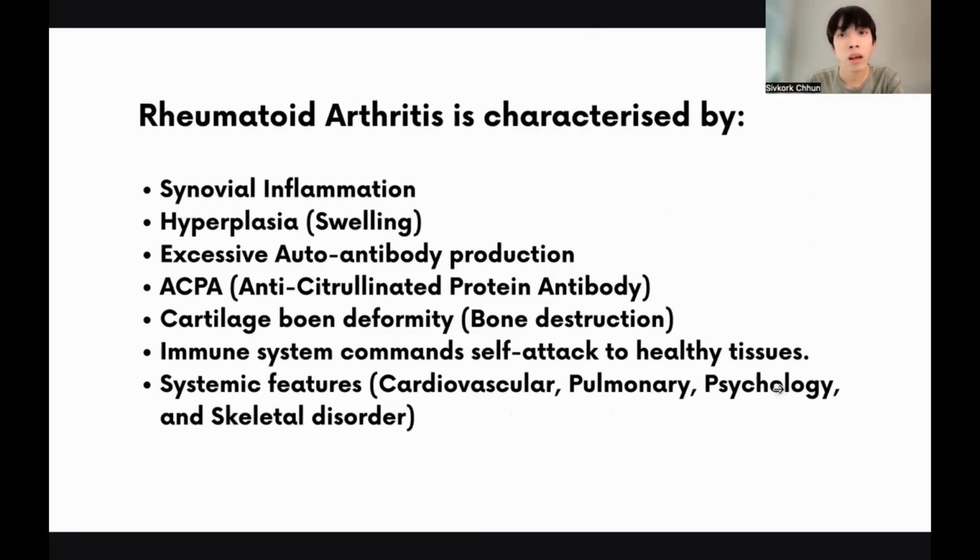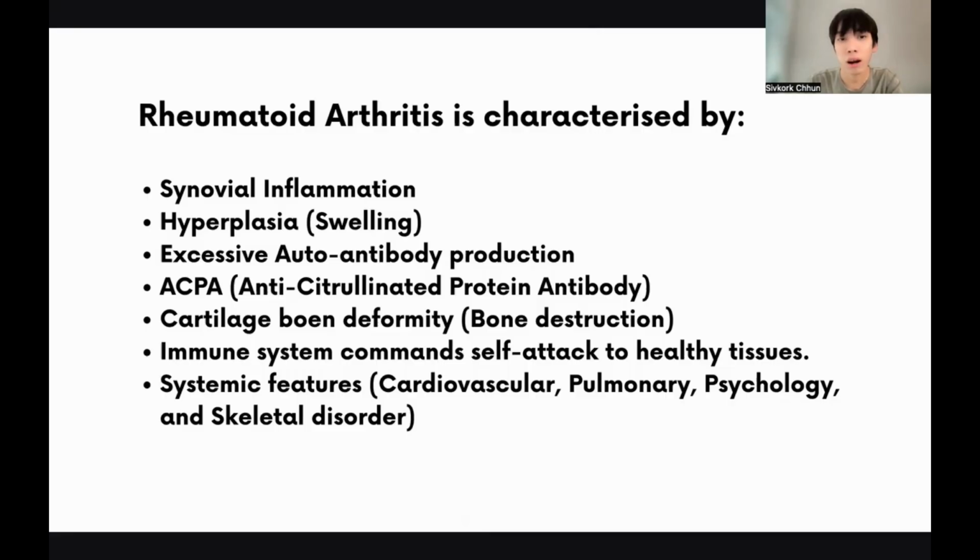So rheumatoid arthritis can be characterized by synovial inflammation, or synovitis, and hyperplasia, like swelling, where we can observe the signs of swelling as well. Autoantibody production, like the excessive production of antibodies. The anti-citrullinated protein antibody, ACPA, which we only know when we do the diagnosis for rheumatoid arthritis.